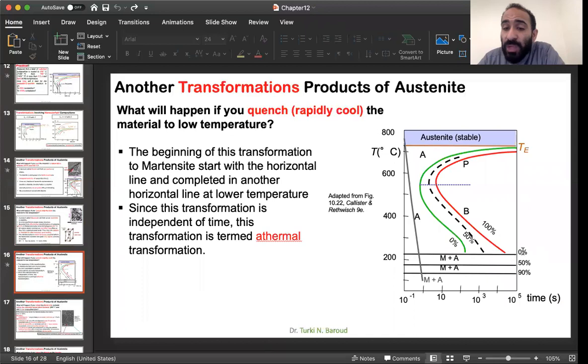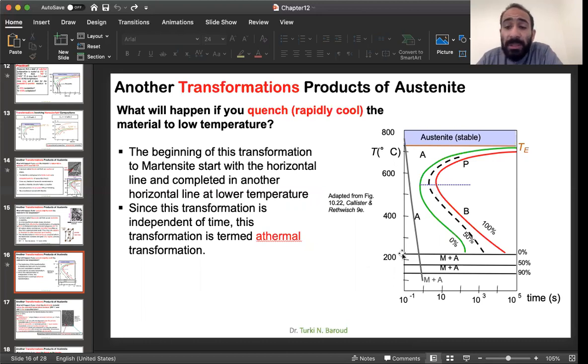For example, at this temperature, there is 0% transformation. At this temperature, 50% transforms to martensite. If you cool down below this temperature, let's say to room temperature, what do you end up having? You're going to end up having nearly full transformation, about 90% of the austenite transformed to martensite. Martensite is not similar to pearlite and bainite in terms of its dependence on time.